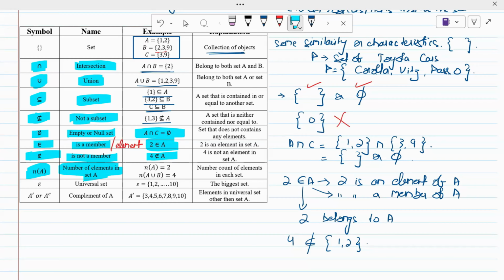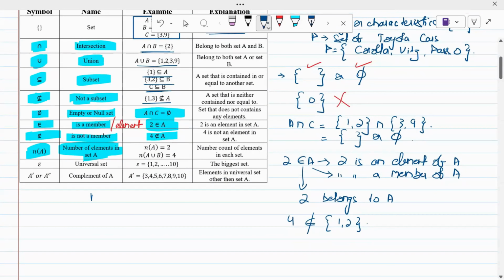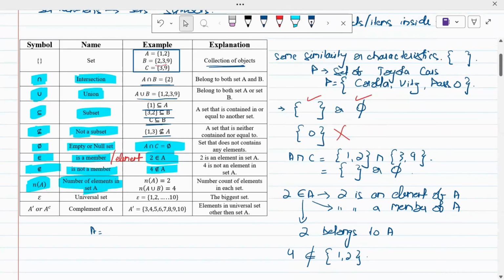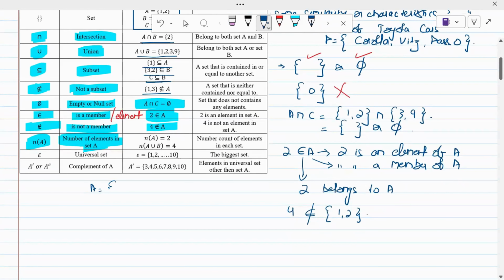When it says A, you have to list down the elements of A. And when it says N of A, you have to write down the count of elements of A. If you look at the set A, it is having the elements as 1 and 2. When we say N of A, you have to write the count only. So there are only two elements here, so you'll write the count as 2 only.